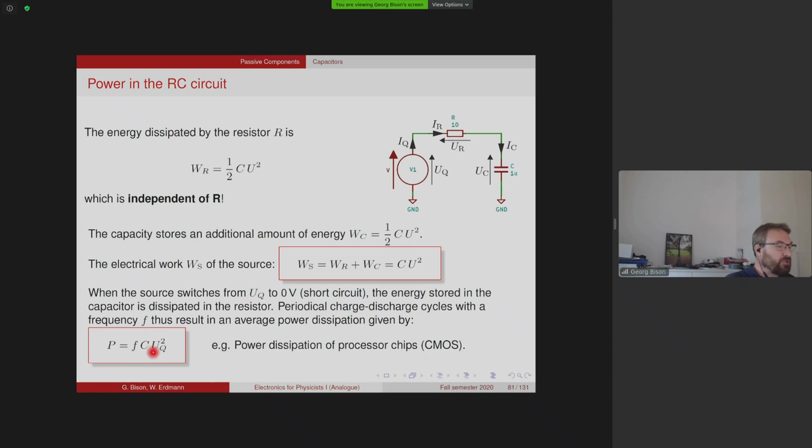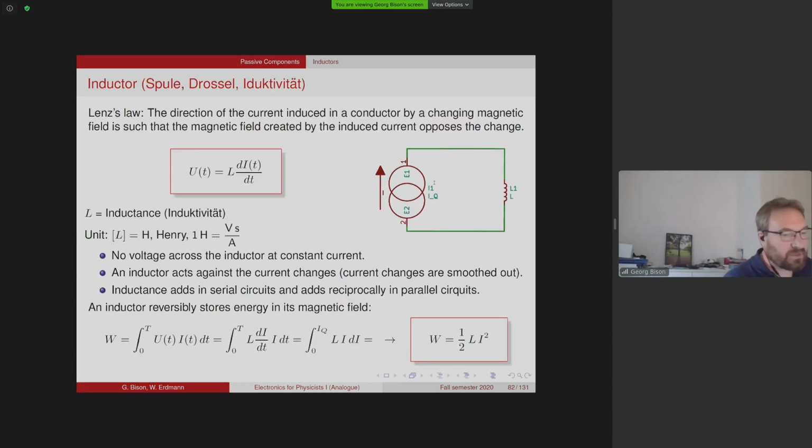The voltage was reduced as much as possible, since it enters the power quadratically. And for that reason, the frequency could be increased quite a lot. But this is fundamentally the limit why it cannot be increased very easily to much higher frequencies. Okay, so that's so far about capacitors.